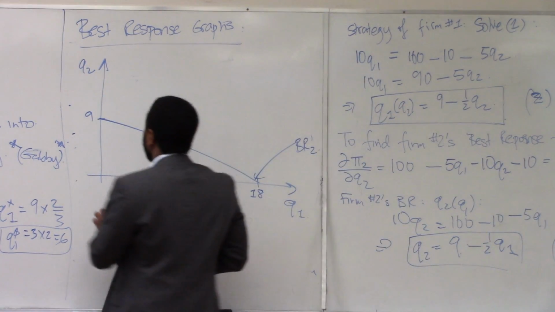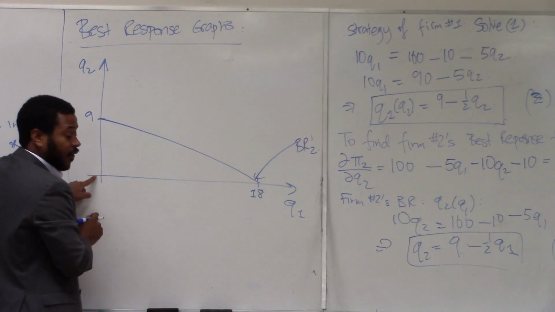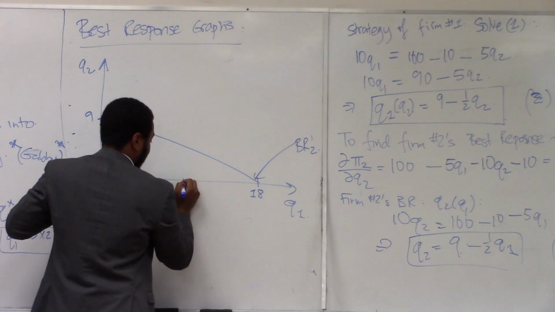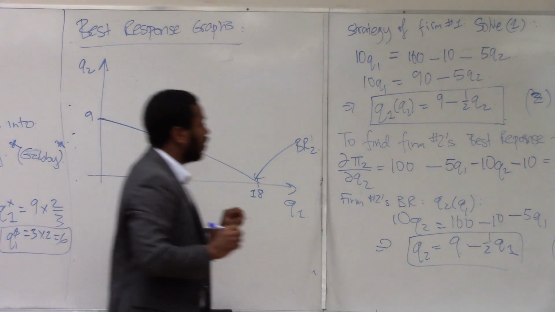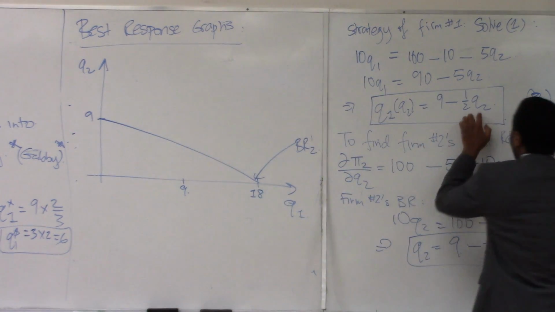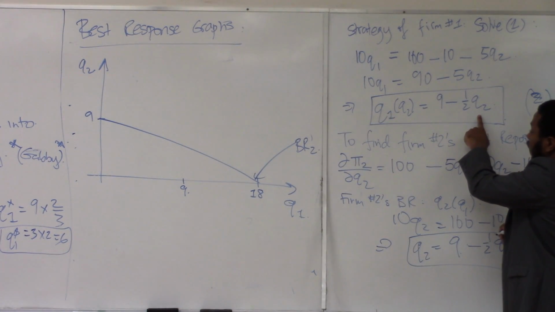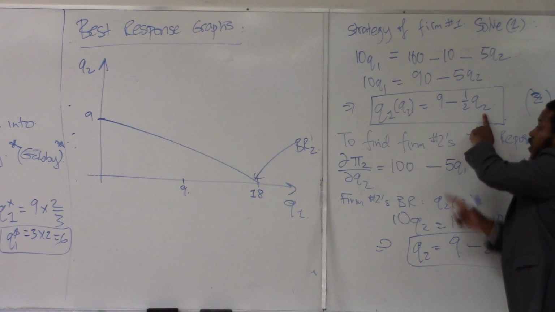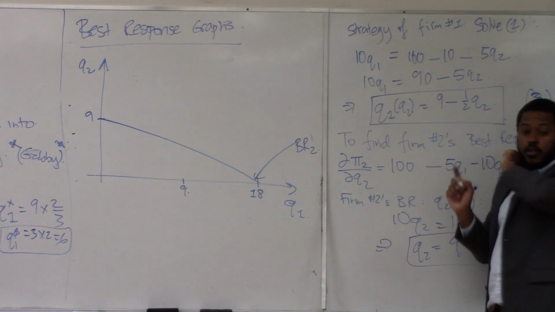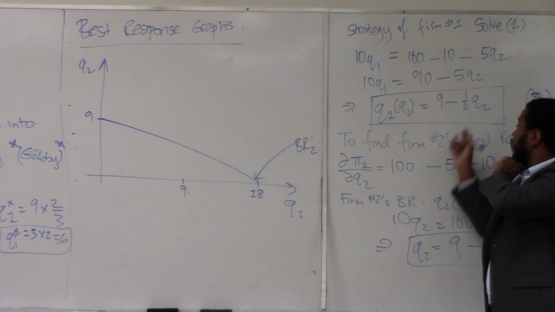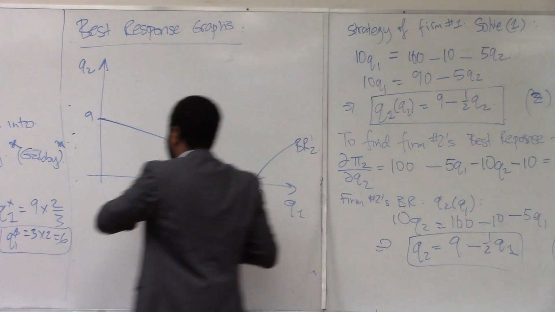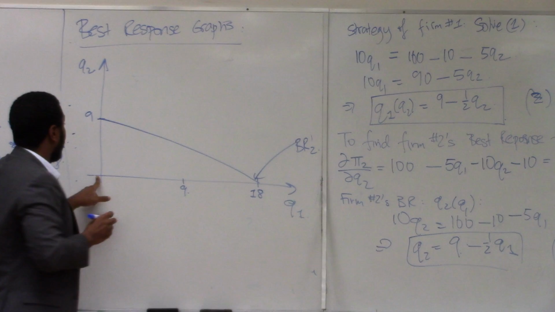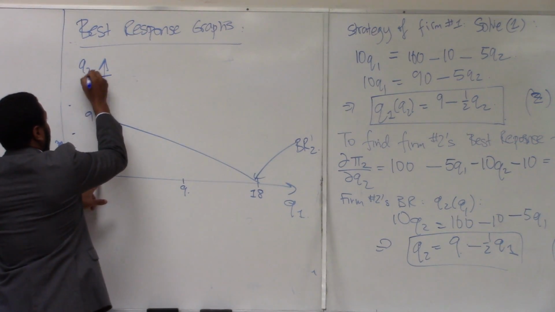And so Q2 equal to 0 is going to be here. Q1 equals 9 is going to be here, right? When Q2 is equal to 18, Q1 is going to be equal to 0. Everyone sees that? So Q1 is equal to 0 here, and Q2 is going to be equal to 18 here.